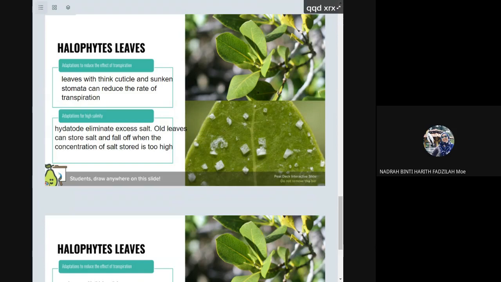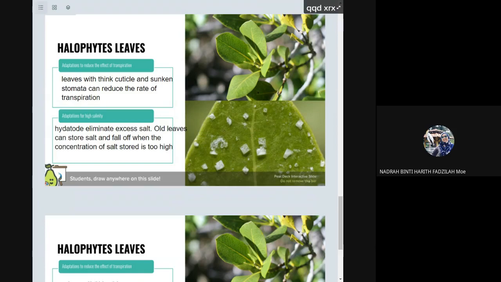Okay, and then untuk adaptation for high salinity atau high salt concentration, the hydathode of the mangrove plants have the ability to eliminate excess salt. Sebab root of mangrove plant constantly buat active transport supaya salt masuk ke dalam root cells. So this is to maintain high concentration of salt dalam root.